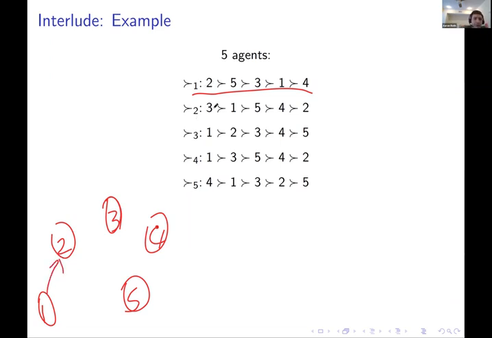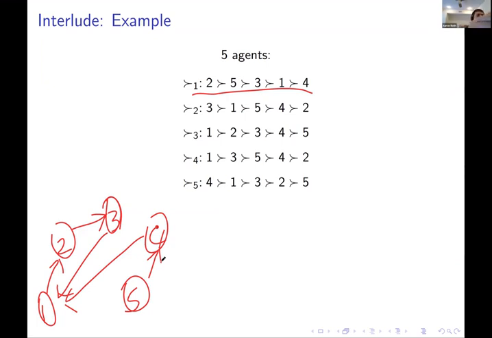Player 2 points to good 3, that's her favorite. Player 3 points to good 1, that's his favorite. Player 4 points to good 1, that's her favorite. And player 5 points to good 4. Okay, so this is the graph that we get at round 1, and we find that there is indeed one cycle. Okay, so 1, 2, 3.